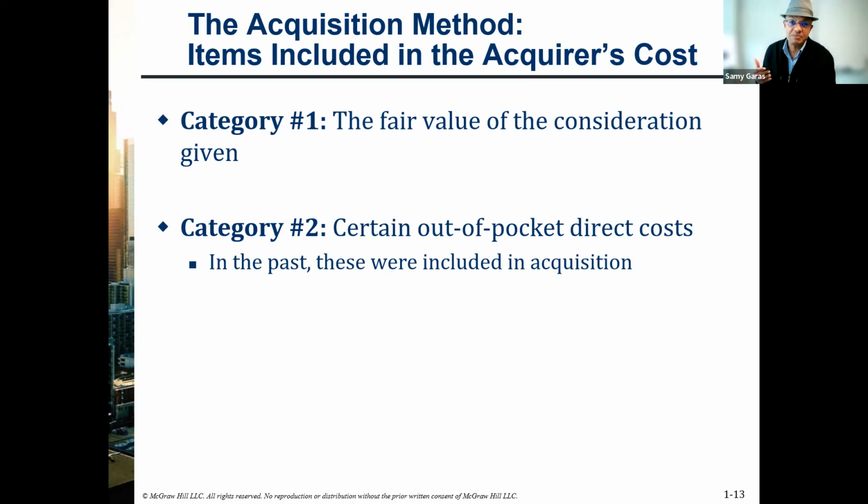But the FASB came up with the latest standard that considers all of the fees we pay to the acquisition process as an expense, and it goes into the income statement. So whether legal fees or accounting fees or any fees, we consider it as expense, not an asset.